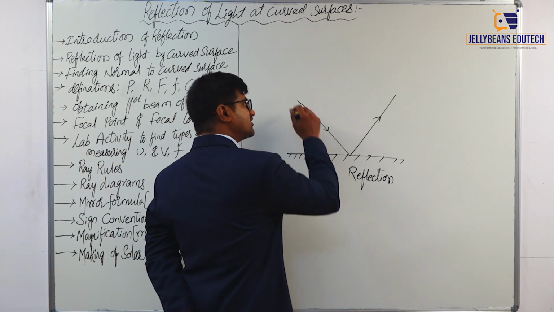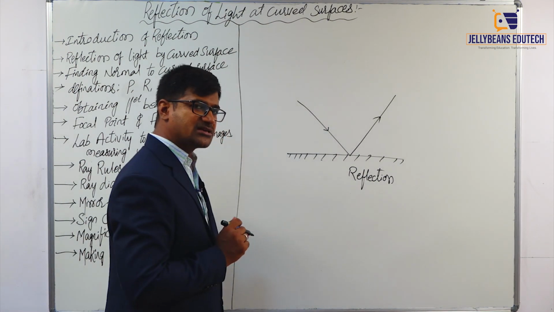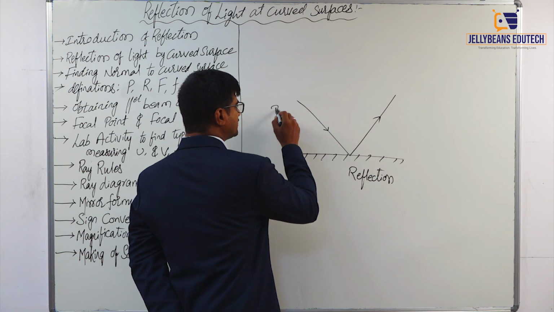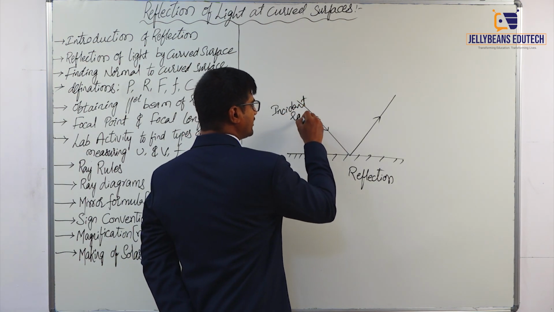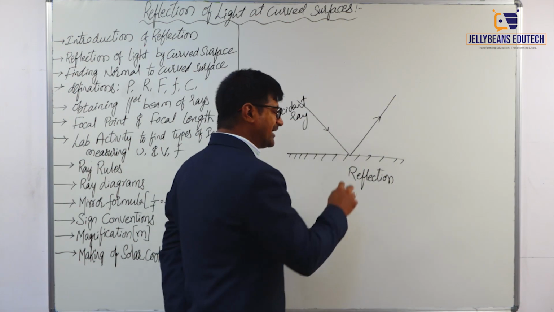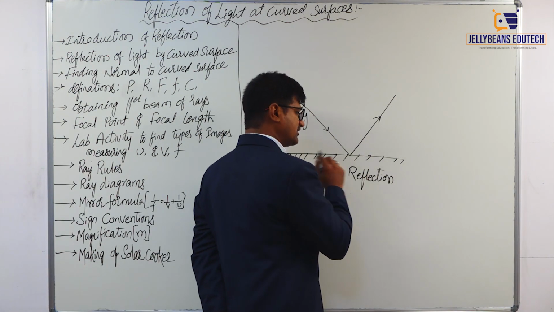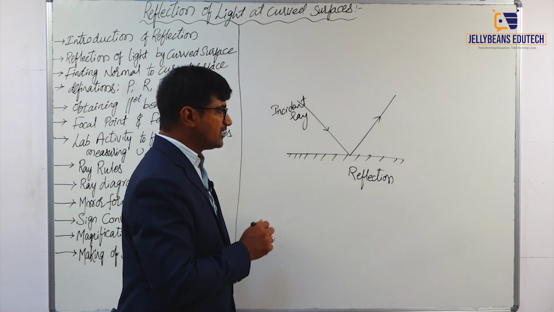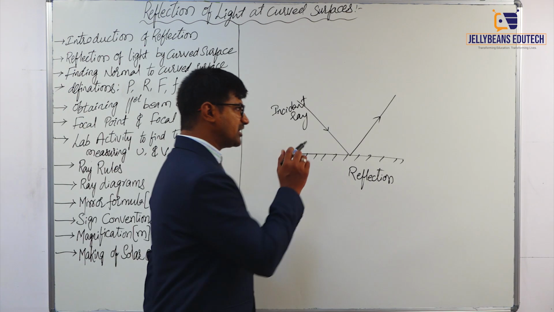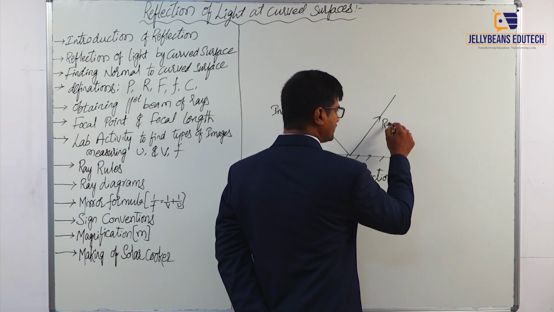The light ray which is coming from the source, we call it the incident ray, and the light ray which reflects back after striking the surface and bounces back into the same medium, we call it the reflected ray.